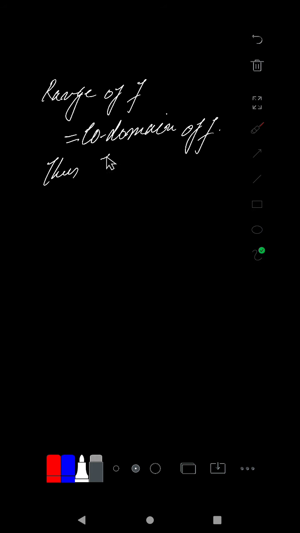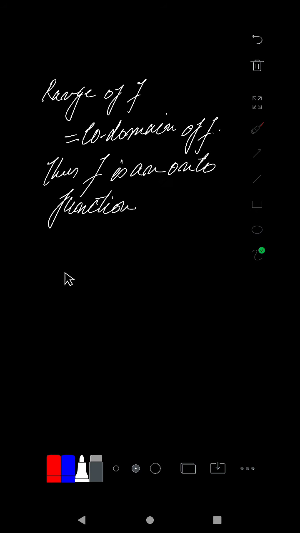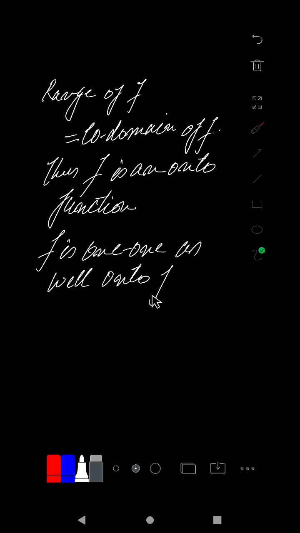Thus, f is an onto function. Thus, from the above discussion, we may conclude that f is 1-1 as well as onto function. Hence, f is a bijective function.